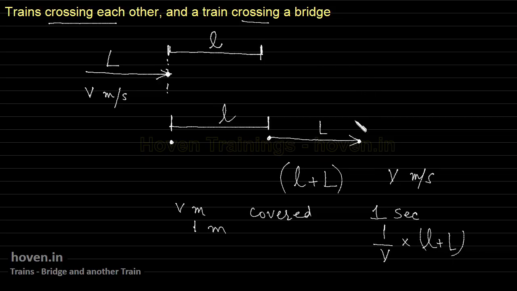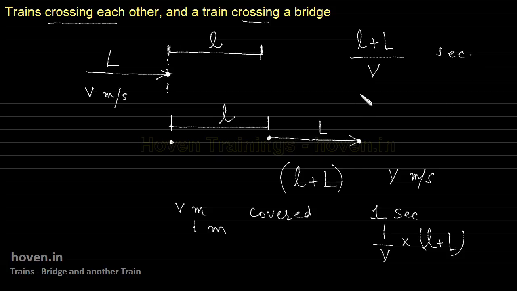So the time taken by the train to cross to the other side is the same as the time taken by the head of the train to cover a distance of l plus L, and the speed at which the head is moving is the speed of the train, that is v meters per second. So the time taken is, as we have derived just now, (l plus L) by v seconds.